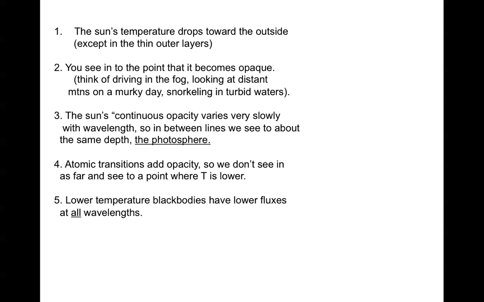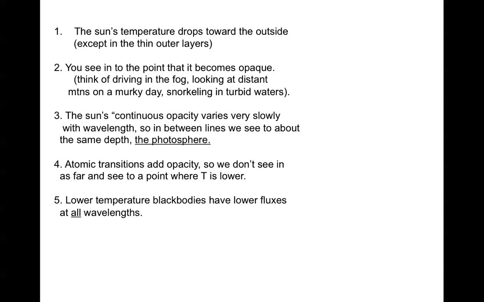But at particular wavelengths where different atoms can absorb light by jumping from a lower state to a higher state, the opacity is higher. So as we look into the Sun, the place where a photon can get out to get to us at that particular wavelength has to be closer to the surface, so that there are fewer atoms in front of it, because the opacity is higher at that wavelength.